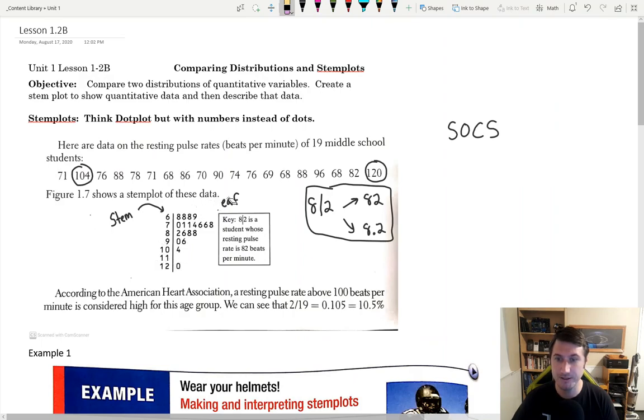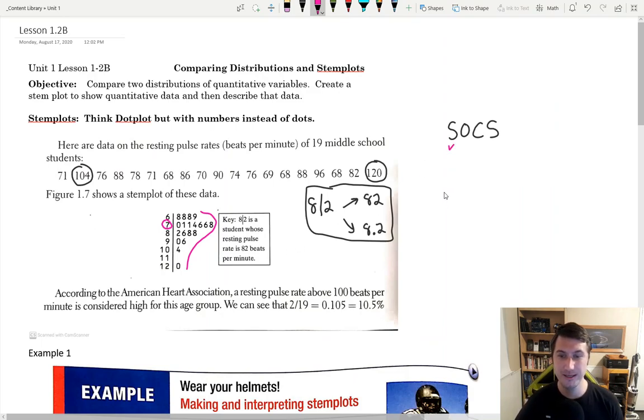So it's turned on its side, yes, but hopefully you can still see the general shape right here. That is skewed to the right. If I would turn that up horizontally, that would be skewed to the right with a single peak at the 70s. You would call that the 70s stem. Okay. All right, that's shape.